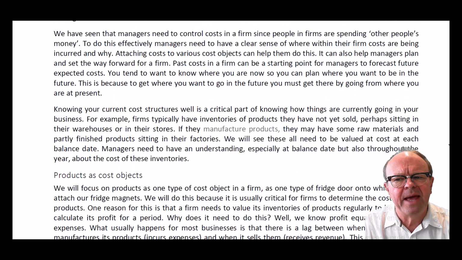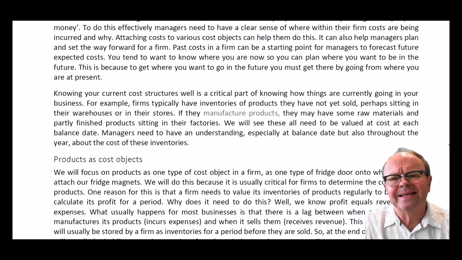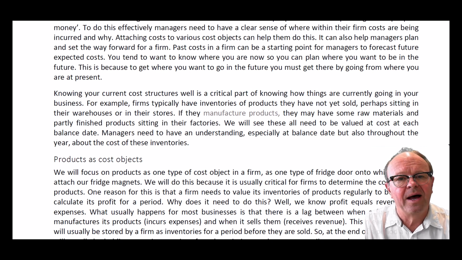It can also help managers plan and set the way forward for a firm. Past costs in a firm can be a starting point for managers to forecast future expected costs. You tend to want to know where you are now so you can plan where you want to be in the future. This is because to get where you want to go in the future, you must get there by going from where you are at present.